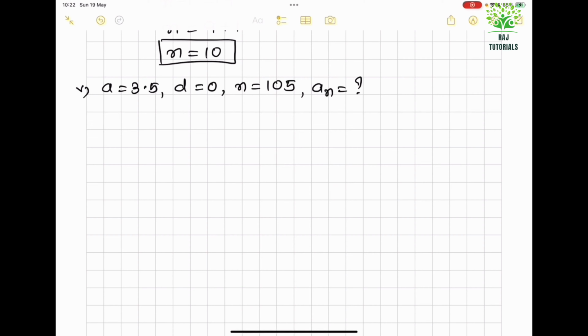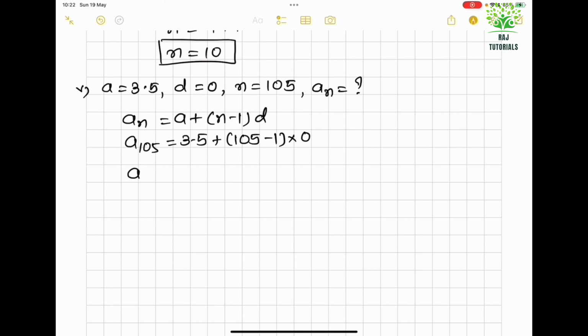So see, AN equal to A plus N minus 1 D. So A105 will be equal to A, so 3.5 plus 105 minus 1 into 0. So anything into 0 will be 0. So A105 will be directly 3.5.